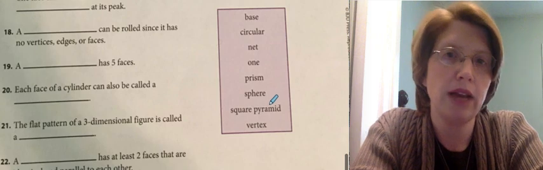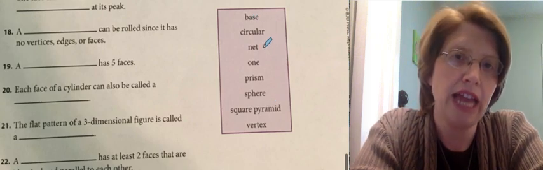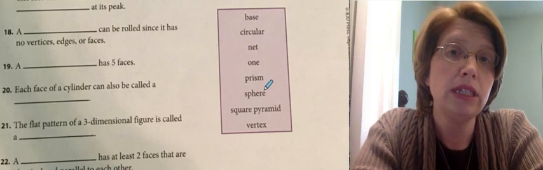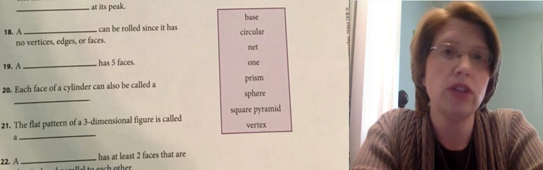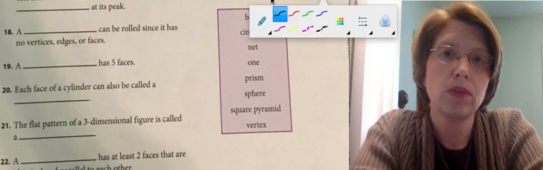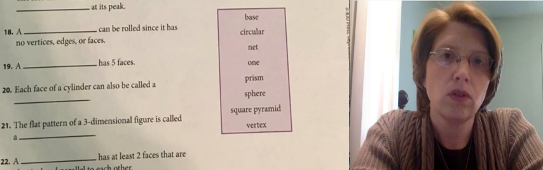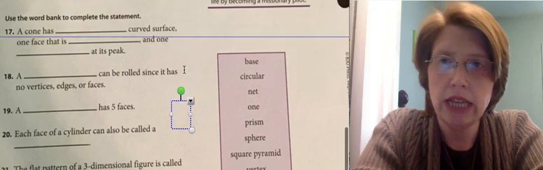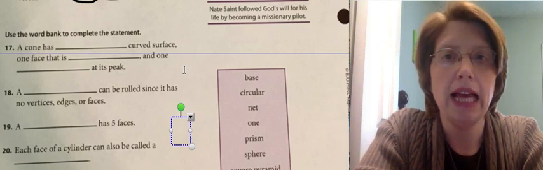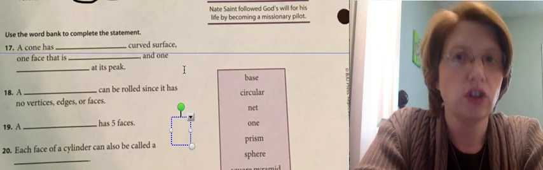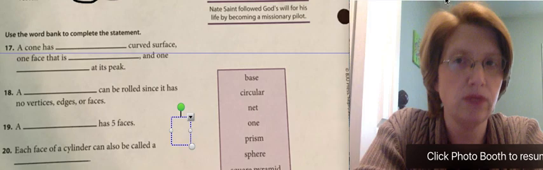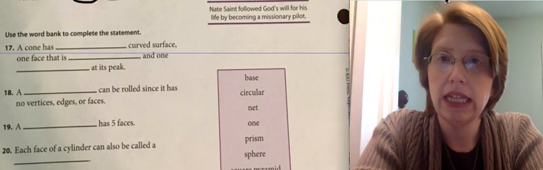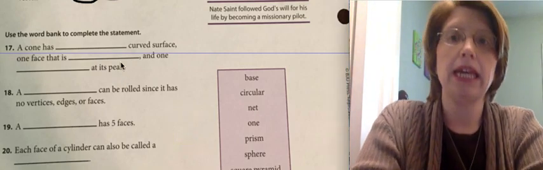Okay? Use the word bank to complete this statement. So here's our word bank. We have base, circular, net, one, prism, sphere, square, pyramid, vertex. Okay, so let's answer the questions. A cone has blank curved surface, one face that is blank, and one blank at its peak.